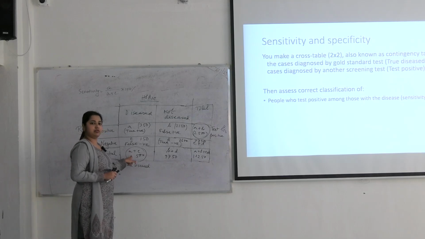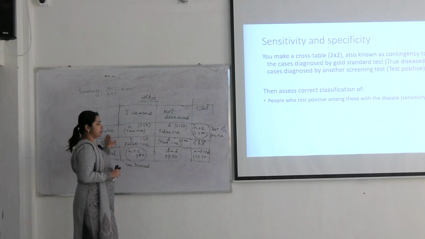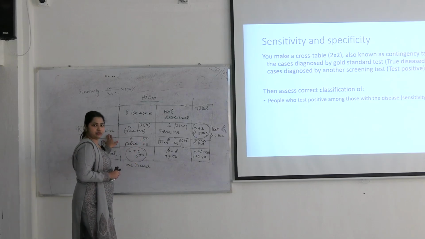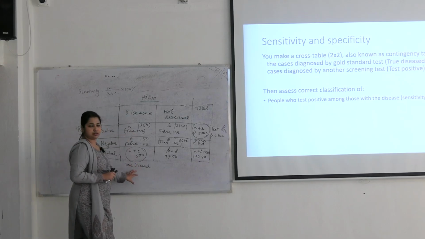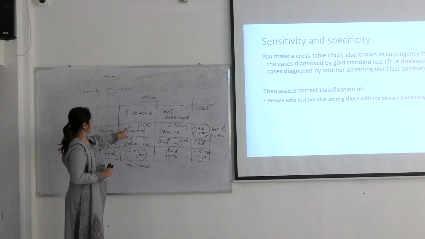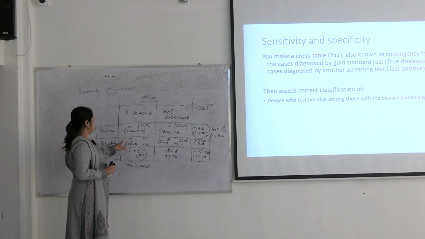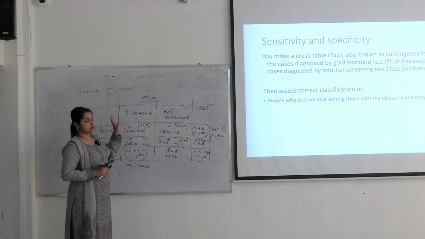Now when I do the screening test, the people who are coming positive on the screening test among the true diseased, the total diseased, that is called the sensitivity. So if it is denoted by A and this is A plus C, then it is A divided by A plus C into 100%.